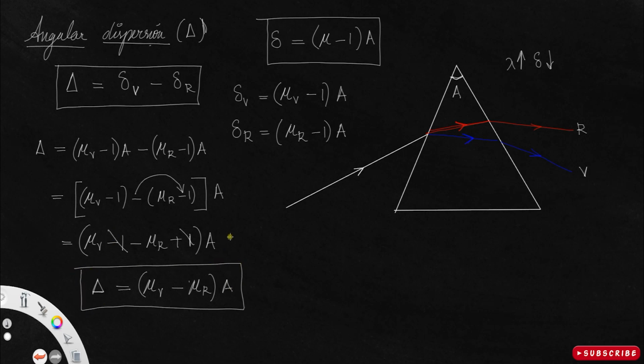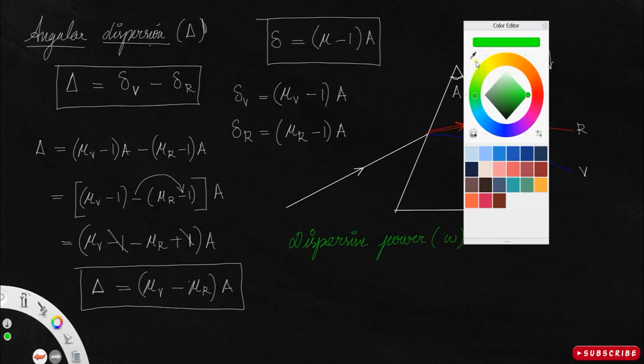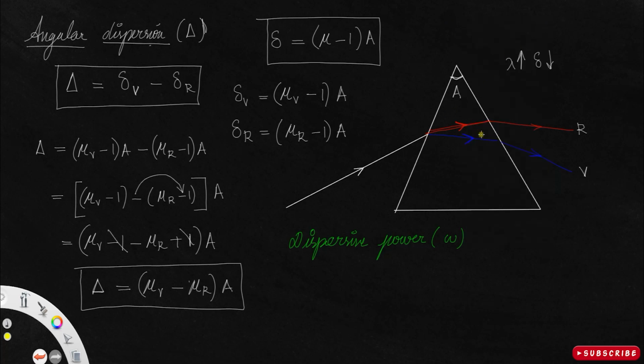Now there is one more term called dispersive power. It's usually represented by omega. See, for this light, the mean light is actually a yellow color.